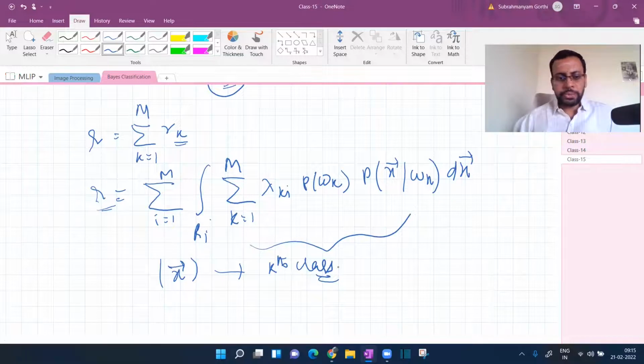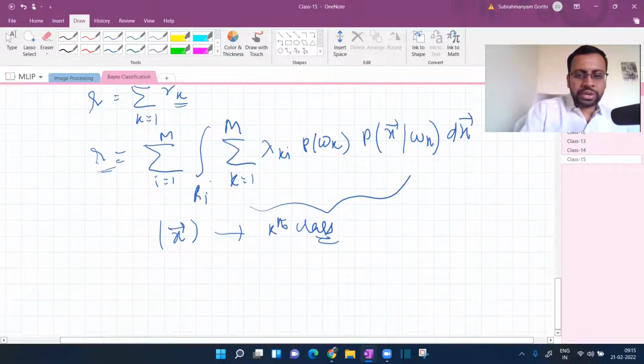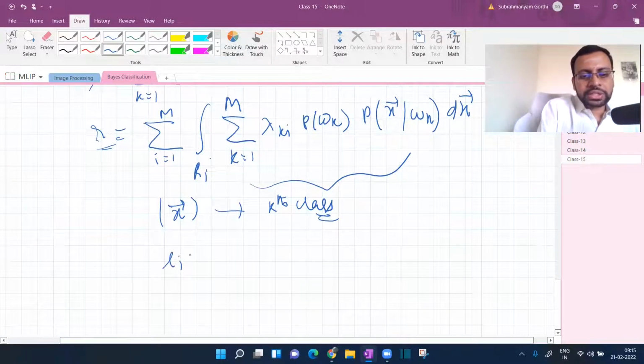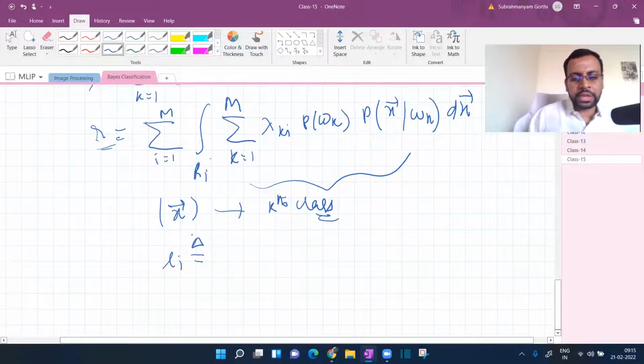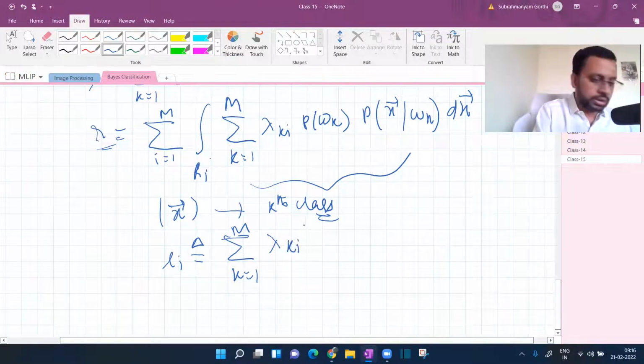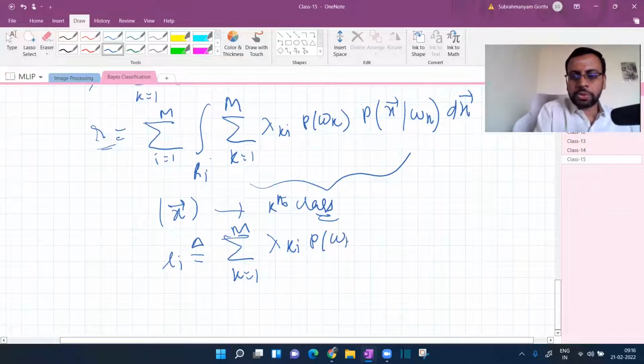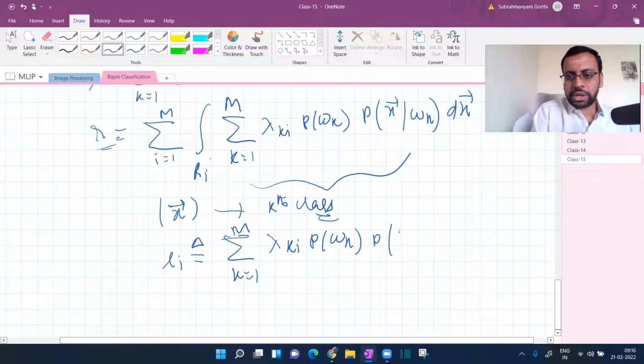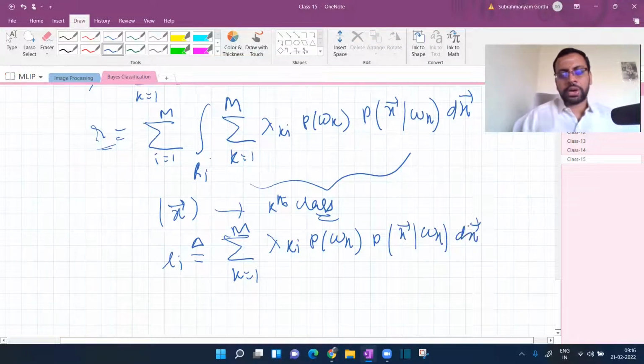I would compute, and this also we discussed, a variable called Li, which is defined as the summation over k from 1 to m of lambda ki into the probability of omega k into the probability of x bar given omega k, into dx bar.